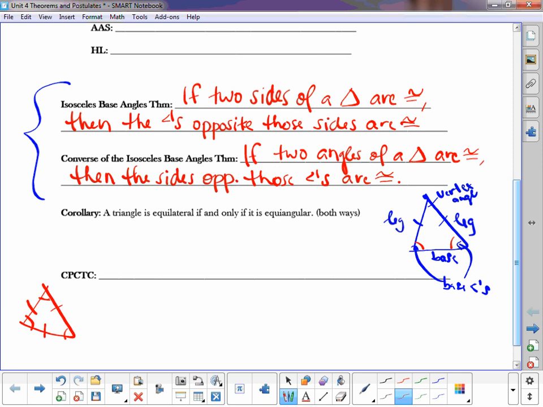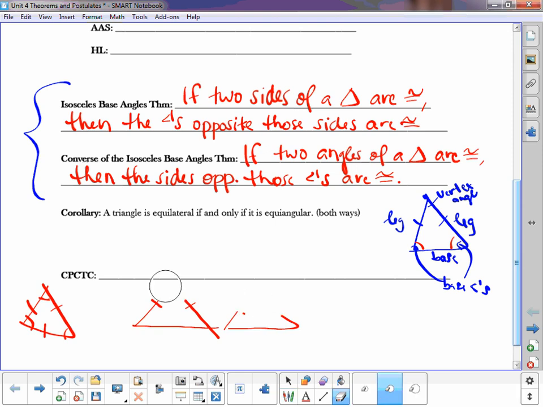If I had two triangles, let's overlap them actually.